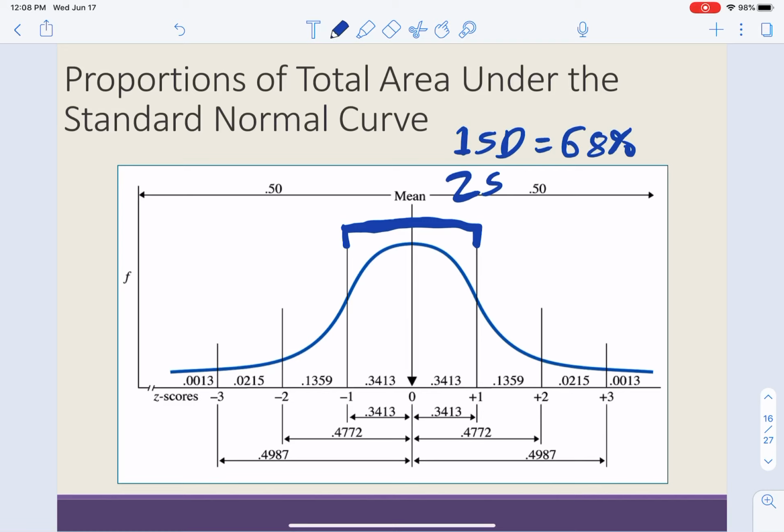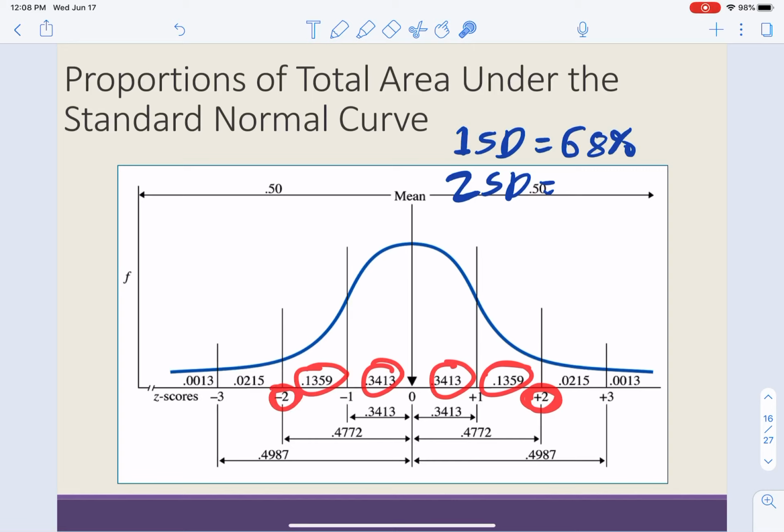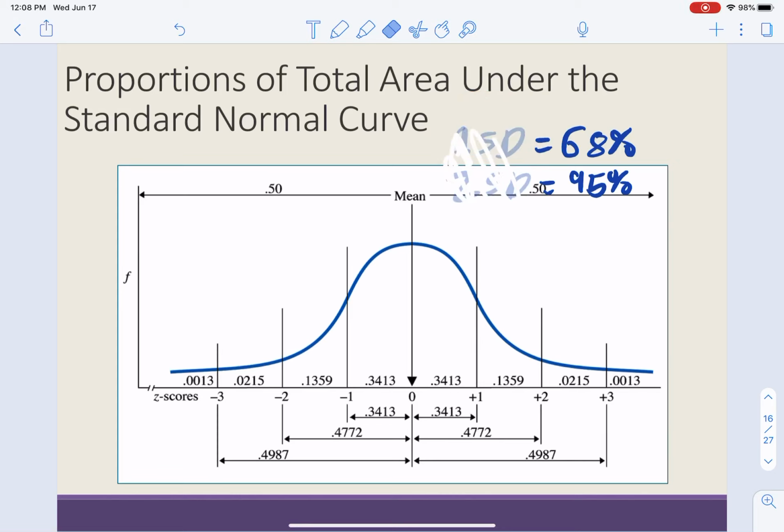For 2 standard deviations, all we need to do is add up all of these values up until the second standard deviation on both ends. That turns out to equal 95%, and so on and so forth. So we're using standard deviation as a true distance, measuring distance away from our mean value here of 0.